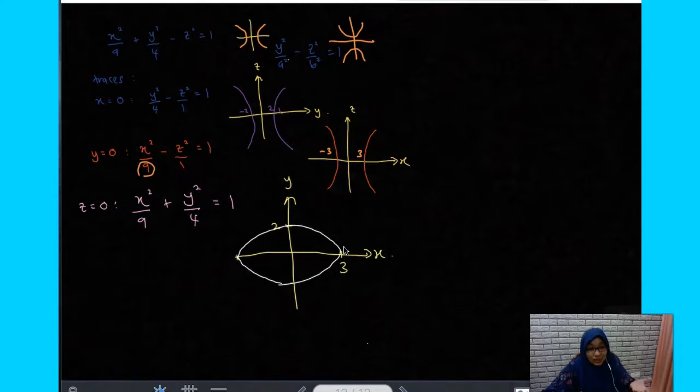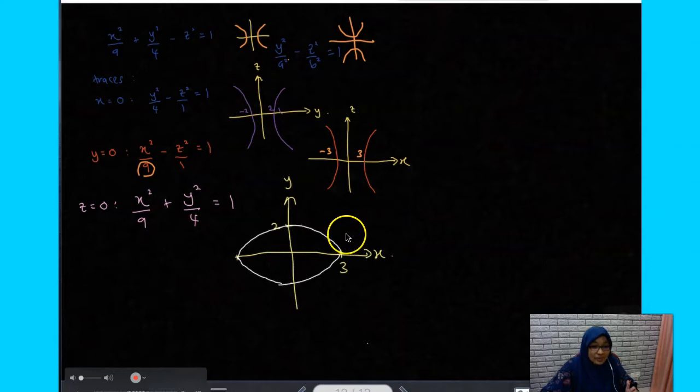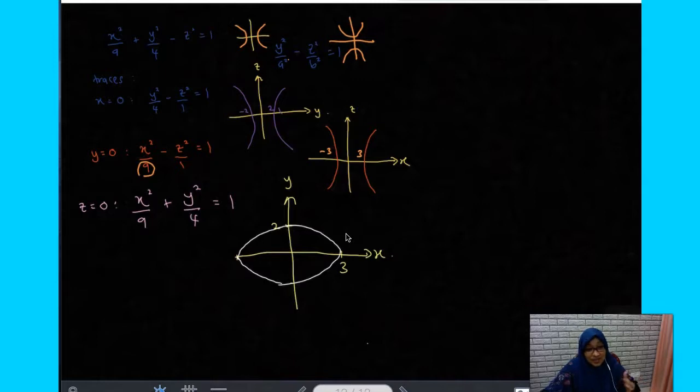I just want to show you how to sketch this particular graph. So that's why I didn't put the level curve at the moment. But after this, I will explain the complete surface of this. At the moment, I just leave the level curve for a while.